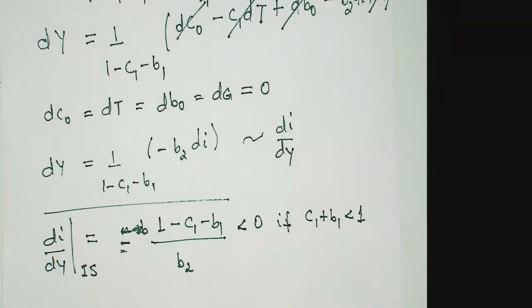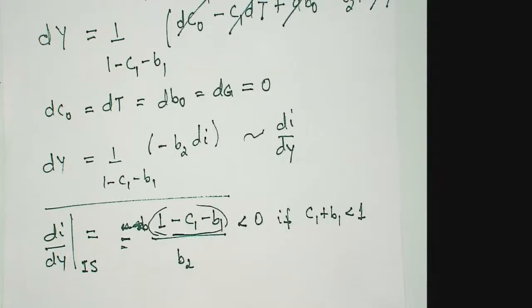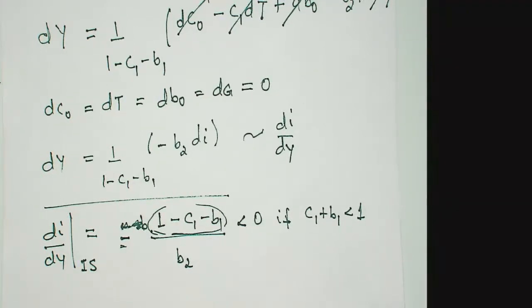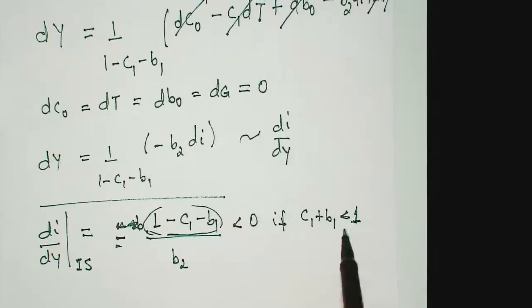If C1 plus B1 is greater than 1, our numerator term would be negative, and negative would cancel out with negative, so it would give us a positive value. When we are interpreting the slope of the IS curve, we are saying it is less than 0, so long as C1 plus B1 is less than 1.